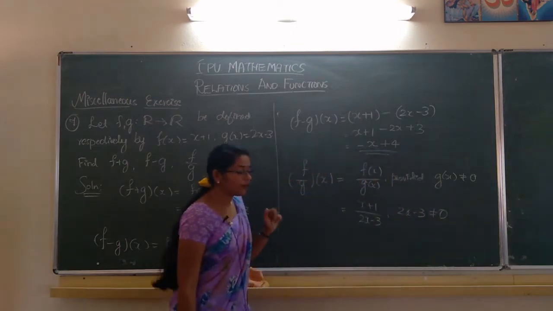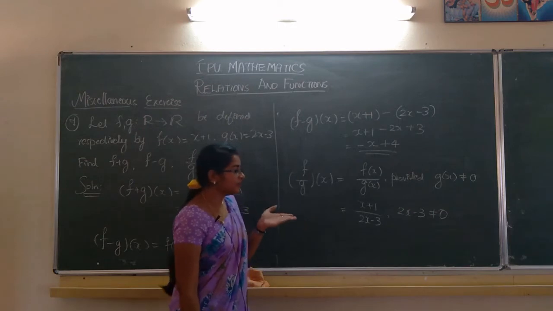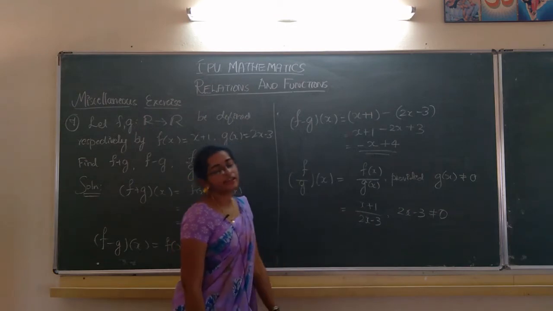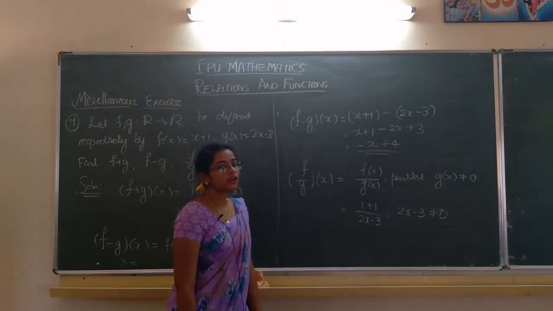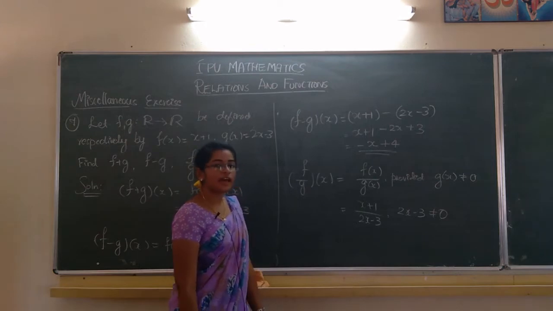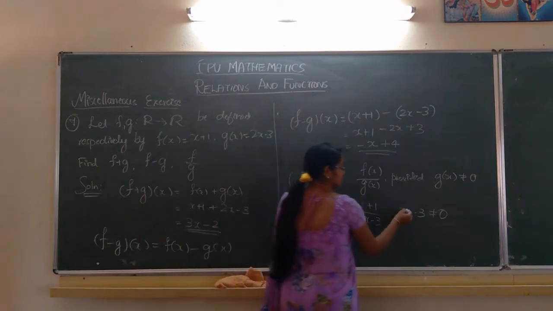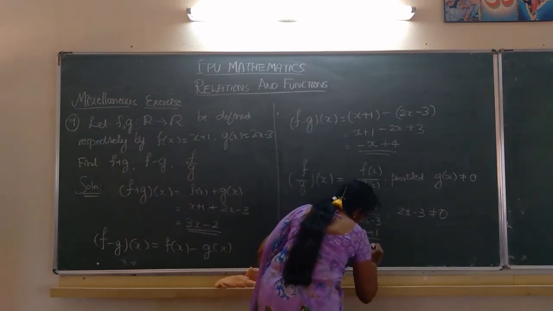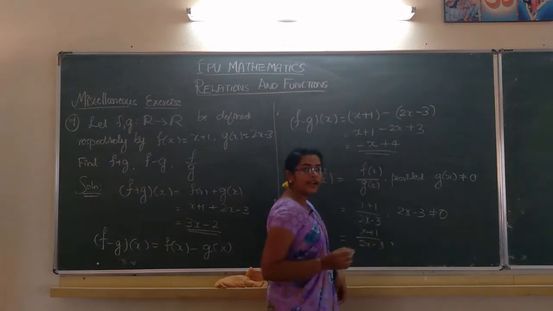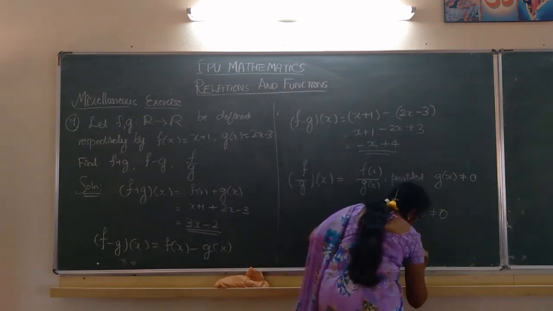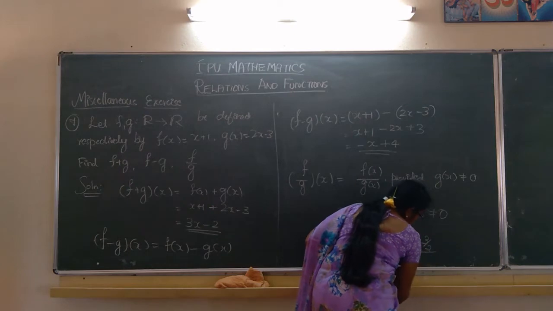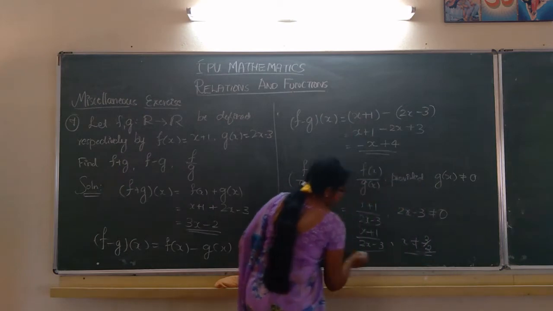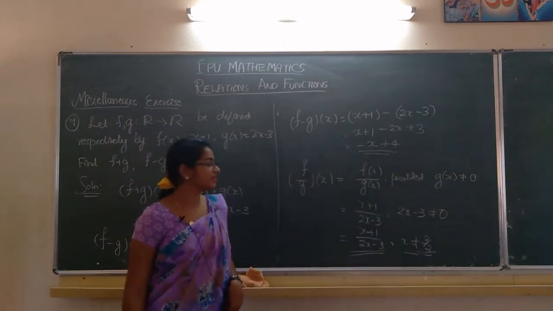For which value of x is 2x minus 3 equal to 0? Yes, 3 by 2. For x equal to 3 by 2, we get 2x minus 3 equal to 0. So, x plus 1 divided by 2x minus 3, provided x is not equal to 3 by 2. This is the required answer.